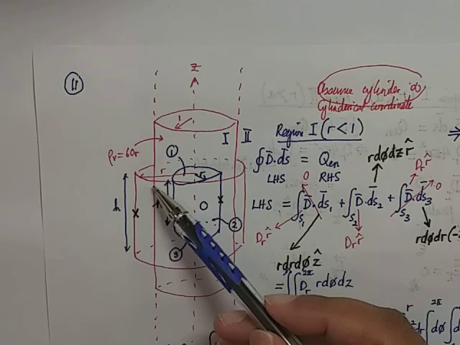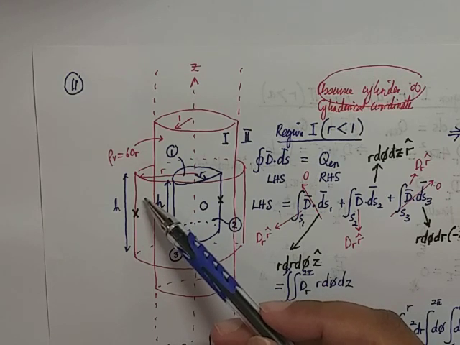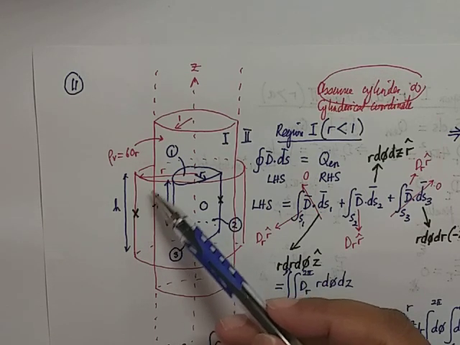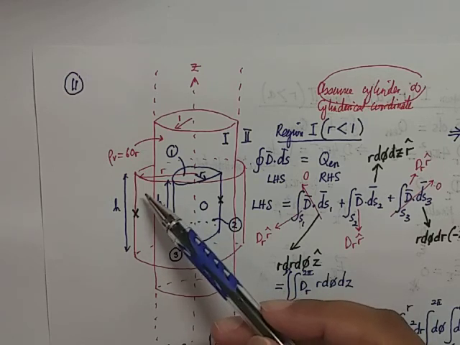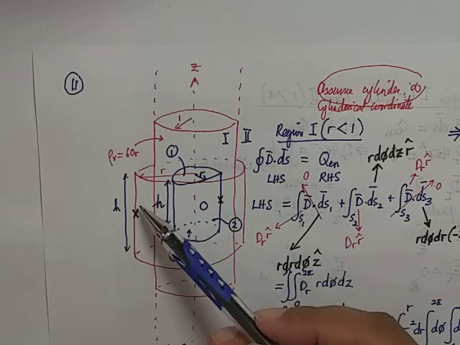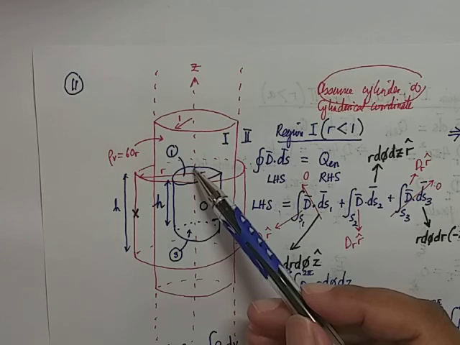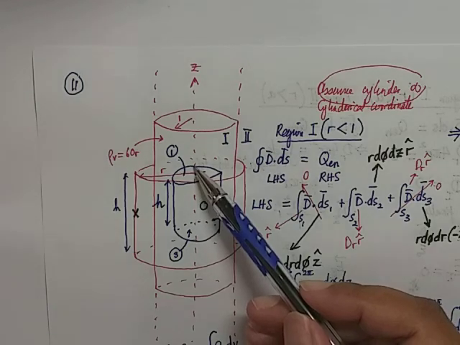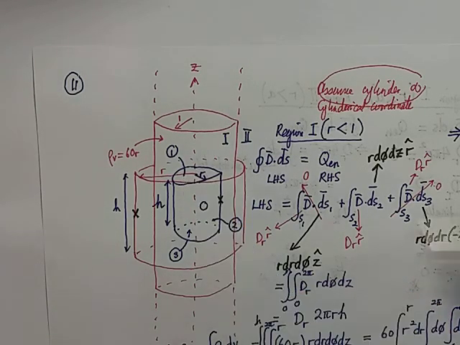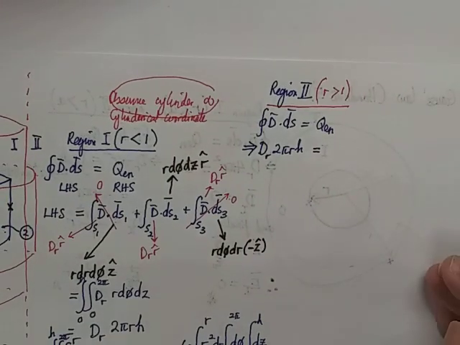Therefore, outside the region R greater than 1, there's no volume charge, meaning that the limit of my integration for charge later on is only from 0 up to 1. So that's the consequence of it.